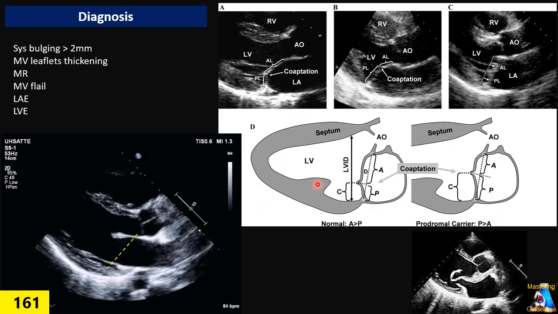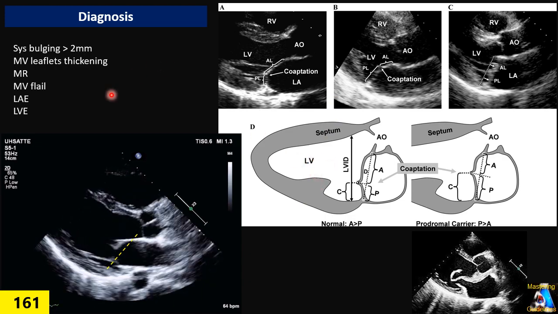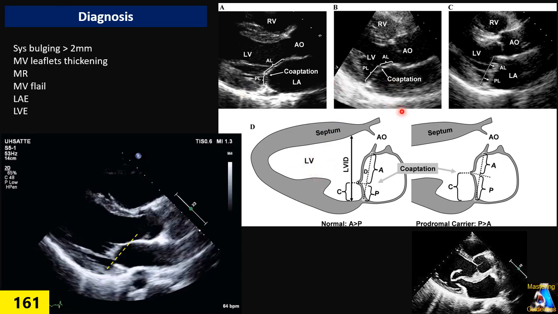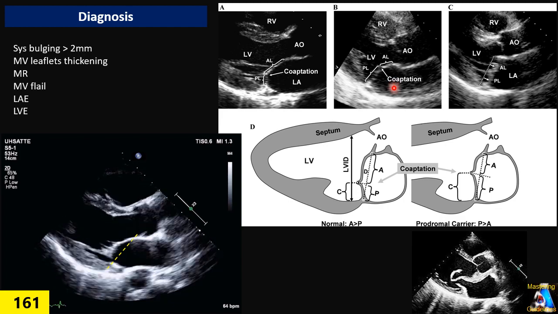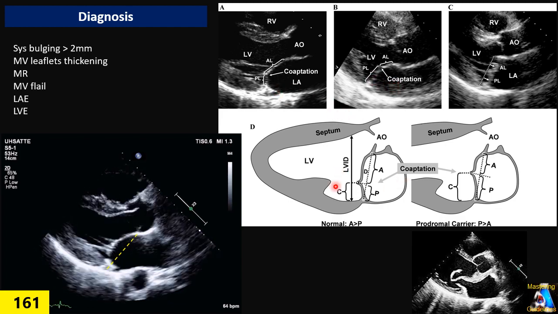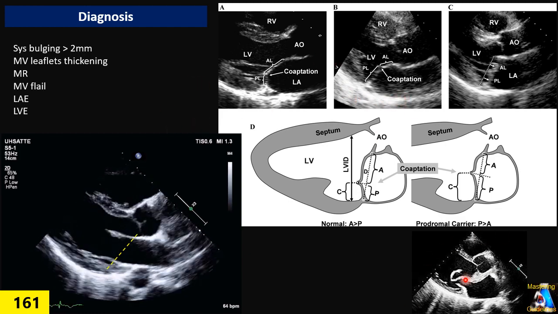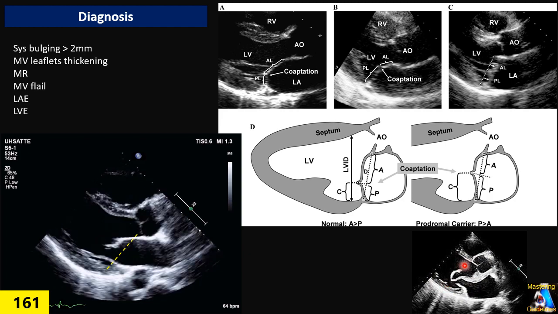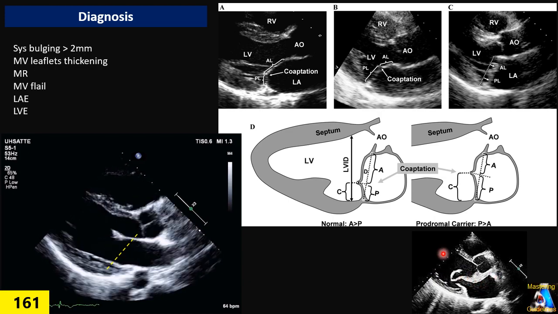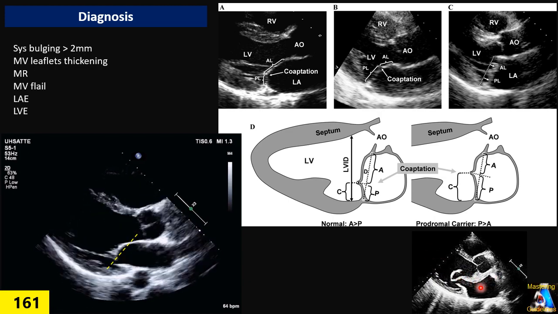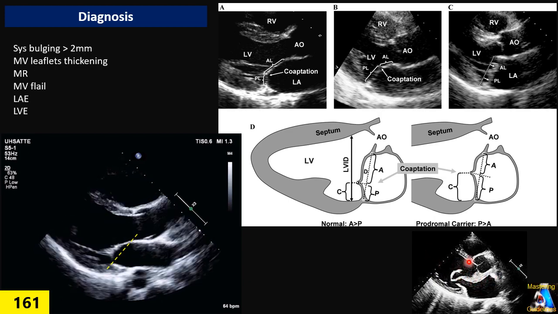Besides the bulging and detecting the amount of bulging prolapse, we can see other findings based on the type of mitral valve prolapse. For example, in Barlow disease, we can see thickening of the mitral valve leaflet and elongation or long leaflet, depending on which one.